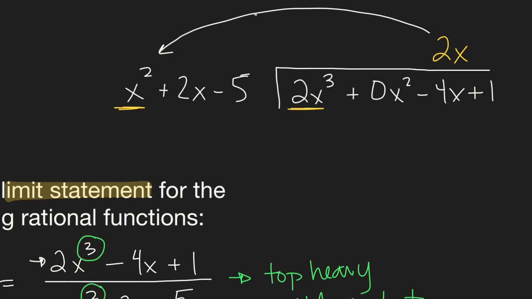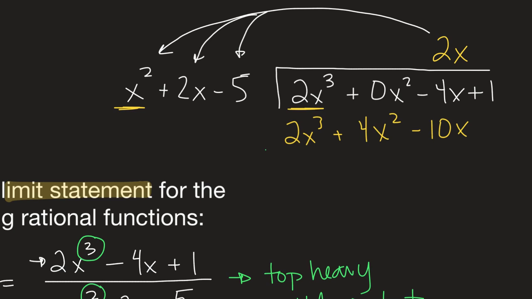So now we have to distribute. You multiply the 2x by all of these terms out here. Okay, that gives me a 2x cubed and a plus 4x squared and a minus 10x when I multiply each of these terms by 2x.